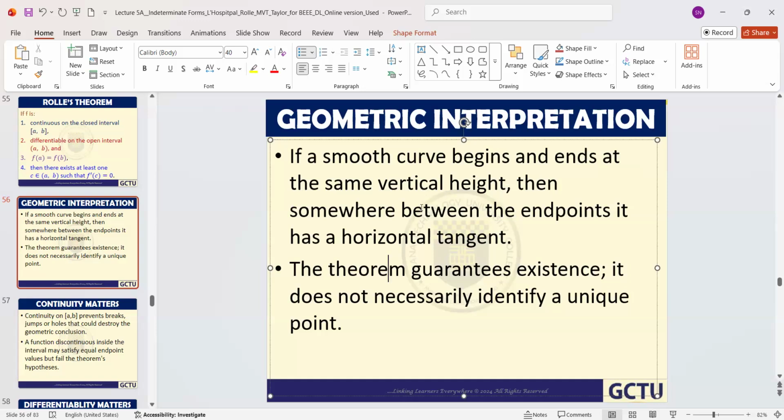So they are telling us that between the endpoints, there must be a middle point where you can find a horizontal tangent. So pictorially or geometrically, that is the interpretation of Rolle's theorem. So Rolle's theorem guarantees existence, that there is a value between the interval. And it does not necessarily identify a unique point, but it just tells you there must be a point.